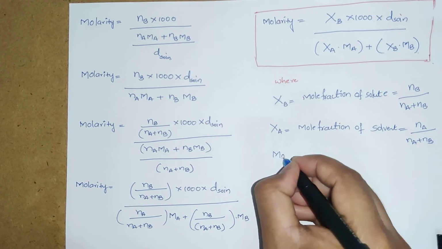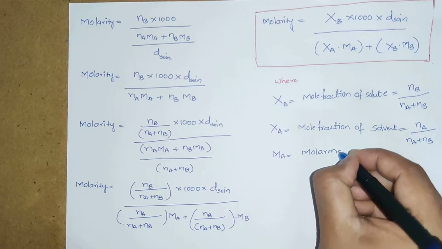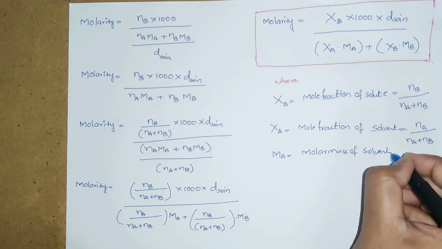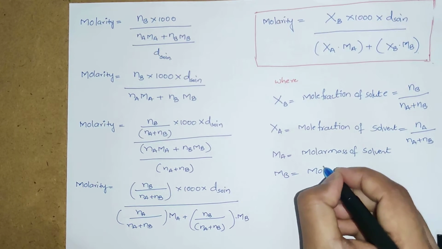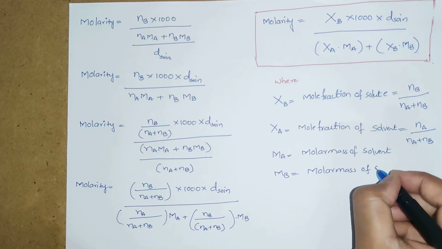MA is equal to molar mass or molecular weight of solvent. MB is equal to molar mass of solute.